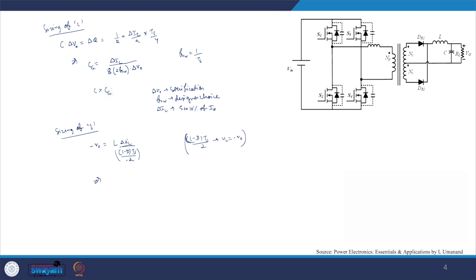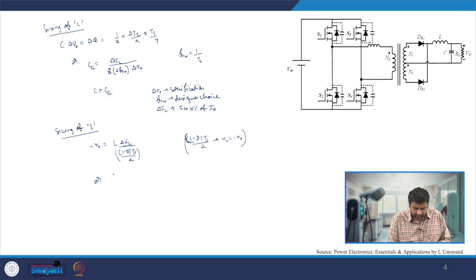So thus we can write L to be V naught (1 minus d) divided by Ts, which is 2 FSW, and this delta IL we can take at the bottom side.